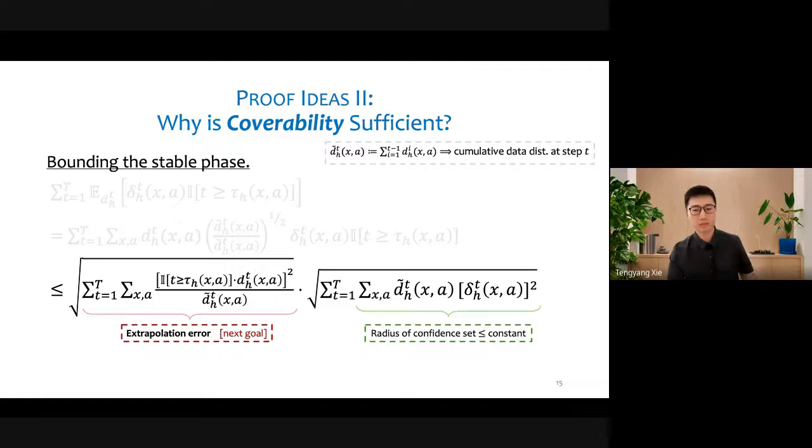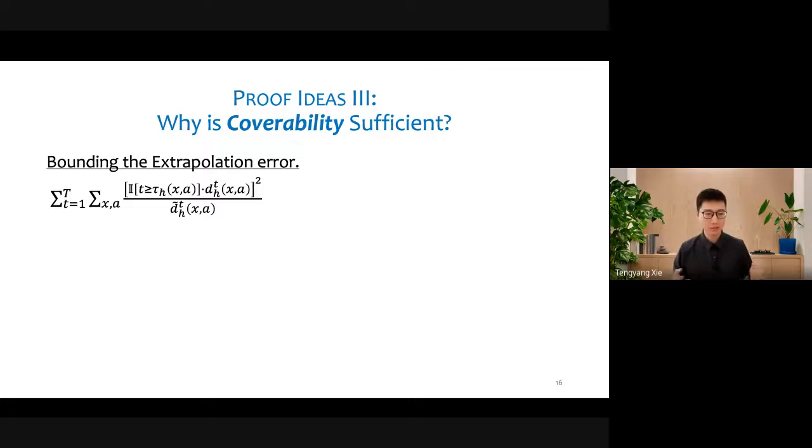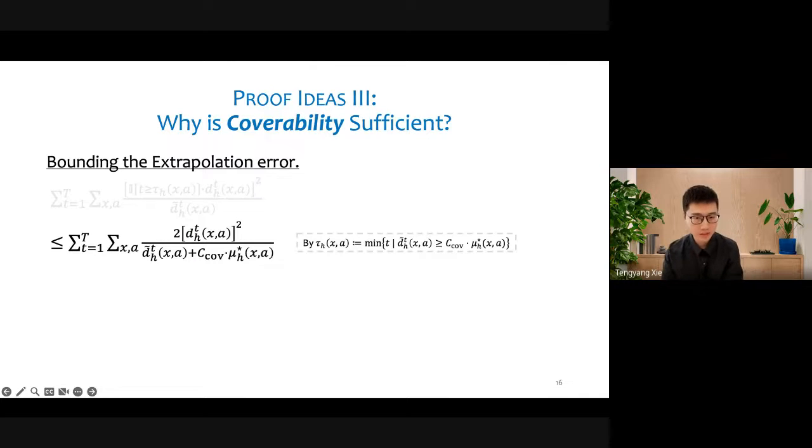Okay. So let's now talk about the first term. The first term is roughly the density square of your on-policy density over your cumulative data distribution from your data. At first step, we leverage the definition of tau h, which says that our d tilde h here will be at least this large.